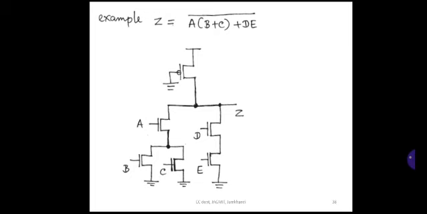So A plus BC plus DE whole bar is drawn using N transistors. As it is pseudo NMOS logic, the load transistor is only a P transistor whose gate is permanently grounded. So the schematic diagram of the equation Z equal to A plus BC plus DE whole bar is shown in the figure.